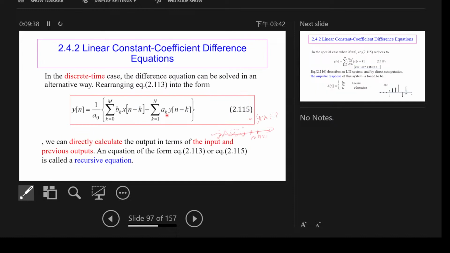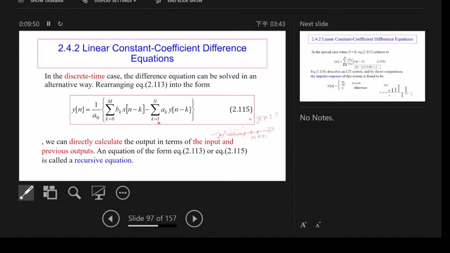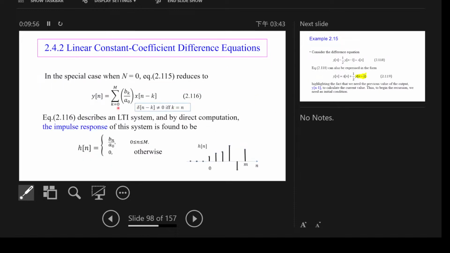Okay, so this is a recursive formula, and there is also a special case where big N equals 0, where you have a very explicit formula. If big N equals 0, then you don't even have those y of n minus k terms, and your y of n is just a linear combination of x of n minus k for some points before this n.